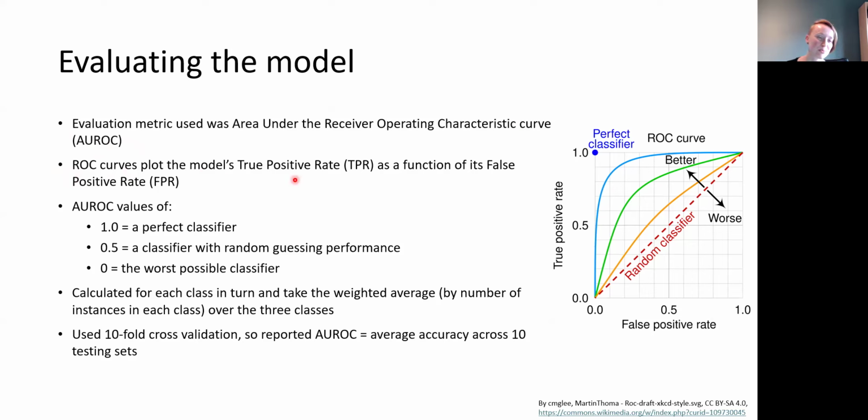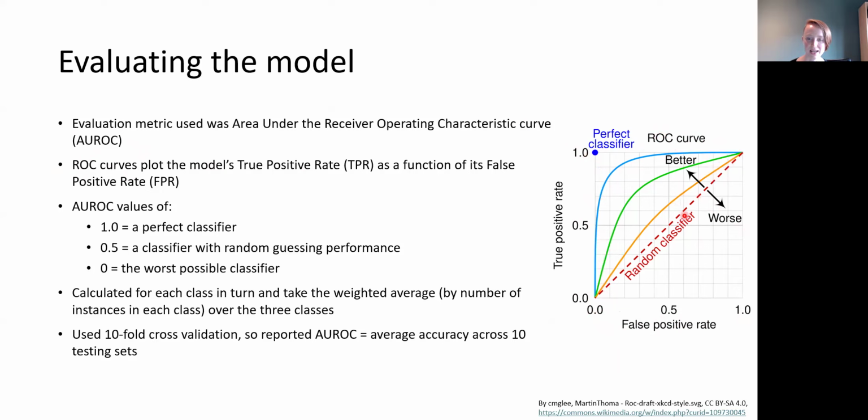The ROC curves plot the model's true positive rate as a function of its false positive rate. I'm sure many people will have seen these before, but they look something like this when you visualize them. If you had a perfect classifier, you would have just a flat line going all the way up to 1.